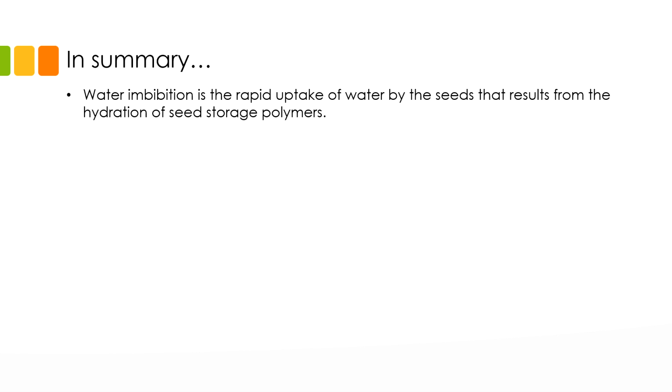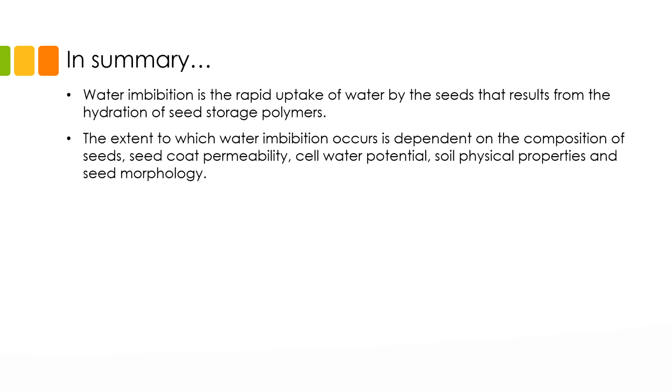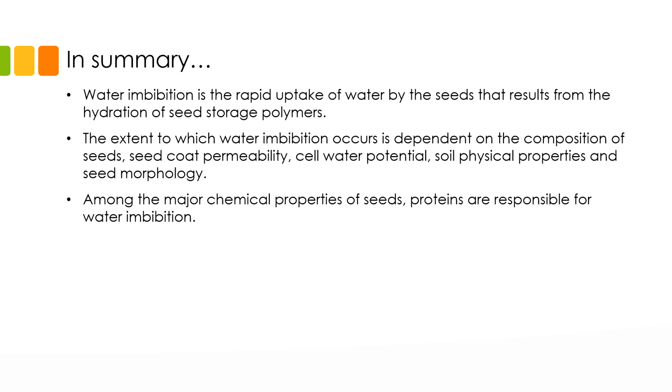To summarize, water imbibition is the rapid uptake of water by the seeds that results from the hydration of seed storage polymers. The extent to which water imbibition occurs is dependent on the composition of seeds, seed coat permeability, cell water potential, soil physical properties, and overall seed morphology. Proteins are principally responsible for water imbibition.